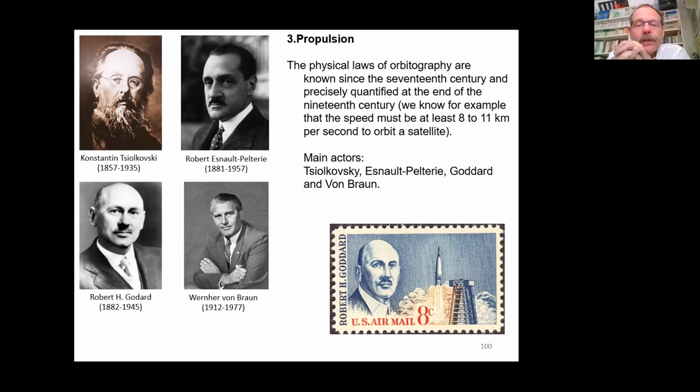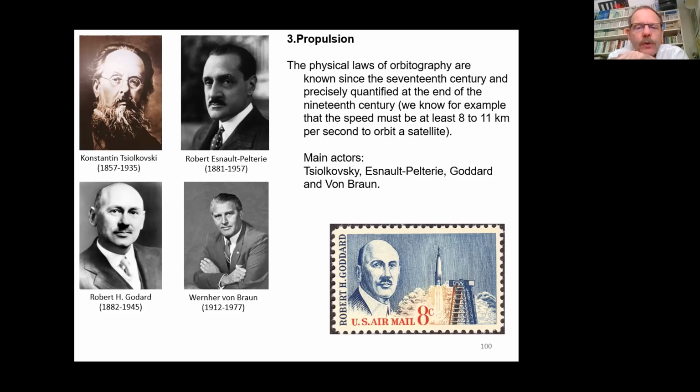And we can also mention Esnault Pelterie, a French guy, Robert Goddard, an American guy, and particularly Wernher von Braun. Von Braun was a promoter of the German space program and weapon program during the Second World War, and he worked for the Nazi government.